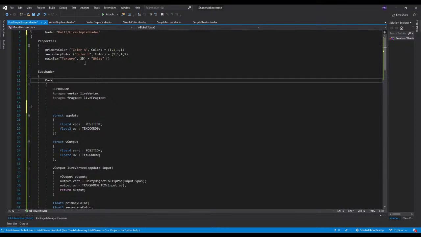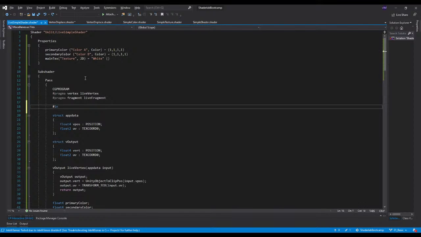Sorry, something went wrong, I guess, somewhere. Yeah, include. I forgot the name of the library. It's basically very simple. UnityCG.cginc, I think that is the one.